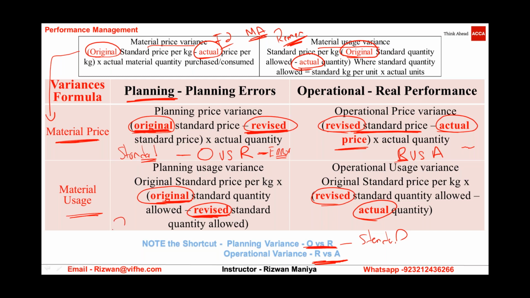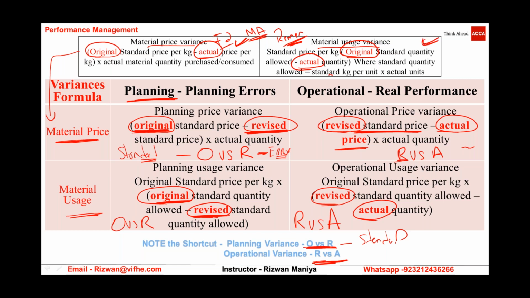See, again it's O versus R. And for operational, it's what? Revised standard quantity versus actual, R versus A. That's it. Done.